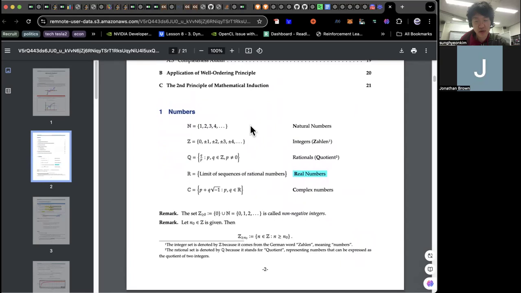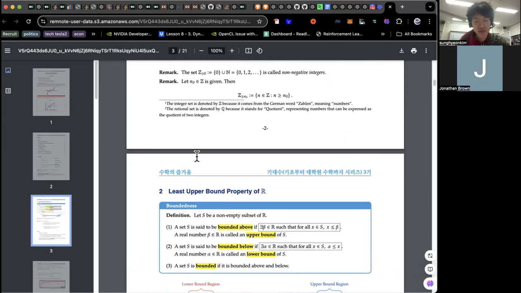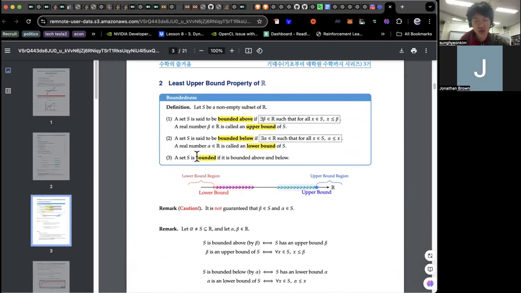And we also discussed the number system, and this is what the least upper bound is.